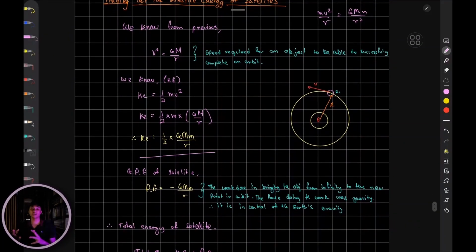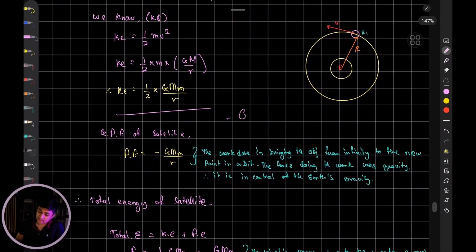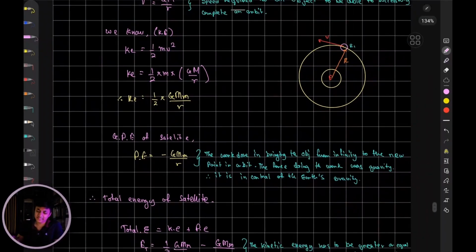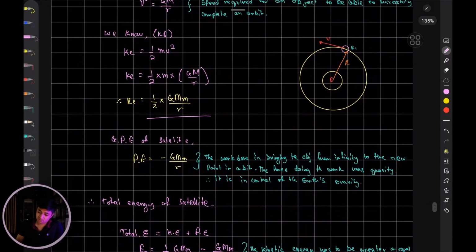Now, let's figure out its gravitational potential energy due to its position in the field of Earth. In that case, we're going to have minus GMm by r. This is the gravitational potential energy of the satellite. Now, can you notice something interesting over here? The kinetic energy is exactly half of the gravitational potential energy in magnitude. And this is actually going to be quite useful later on in this video.